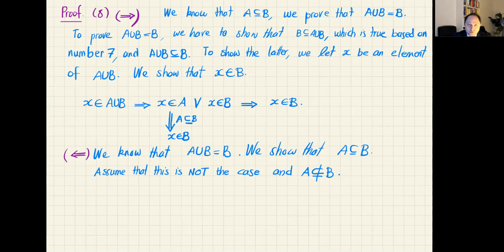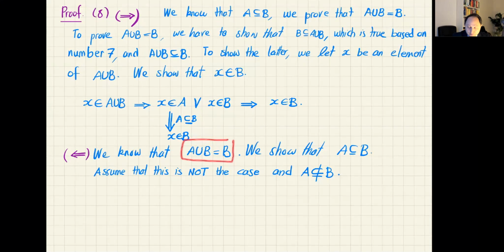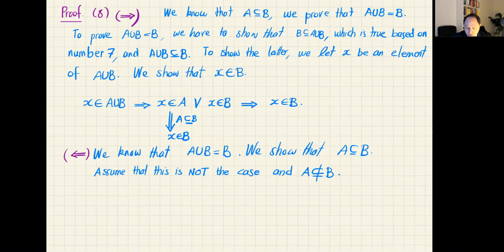I want to prove my claim that under this condition, you have to admit that this is also the case. If you say no, it means that A is not a subset of B. Let us see what happens if we assume this is the case.